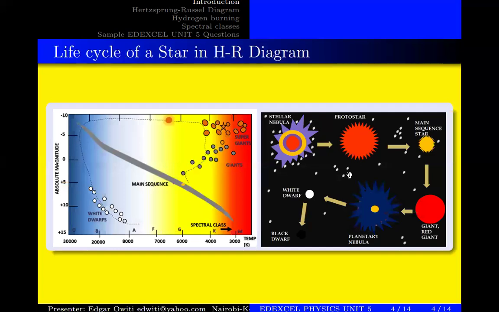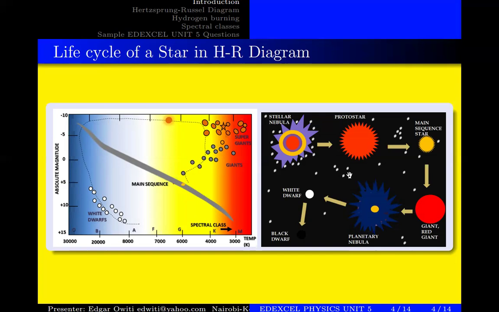To discuss this, I have some diagrams that will summarize the life cycle of a star. On the right, I have a pictorial diagram which shows the beginning of star formation, and it goes up through the different stages until the star is considered to be dead.